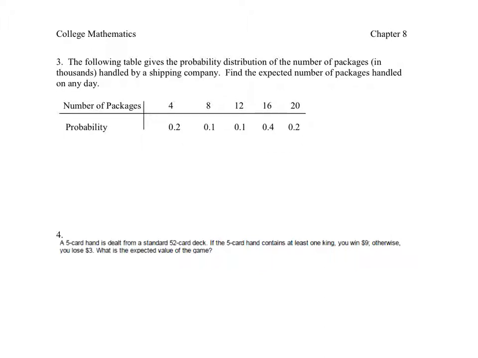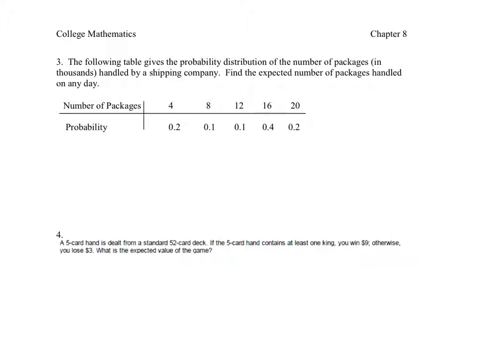So this is going to have taken data from a number of days, where the probability that they handle 4,000 packages would be 0.2 or 20% of the time. Look at this, all the way up to 16,000 packages would be a 40% likelihood. Well, we're going to find the expected number of packages that would be handled on any day.